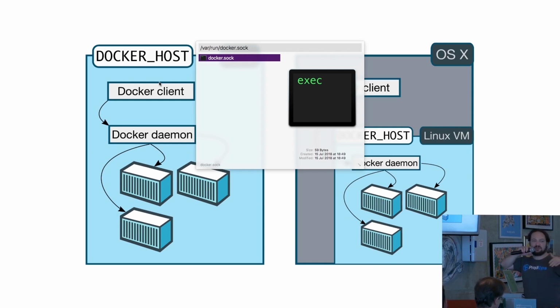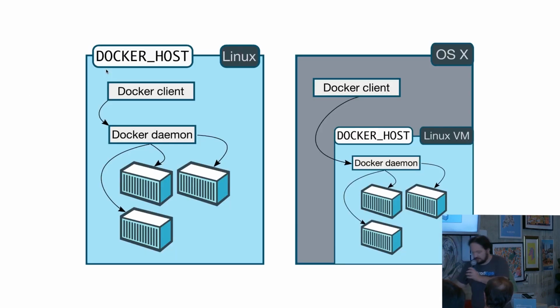That file is usually called a Unix socket. So by default, the Docker client, unless you specify otherwise, will look for this file and talk with the daemon using this file. It will send commands to this file, and that's how it will work. Okay?